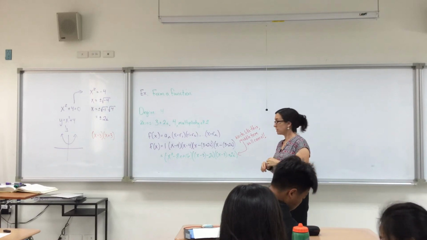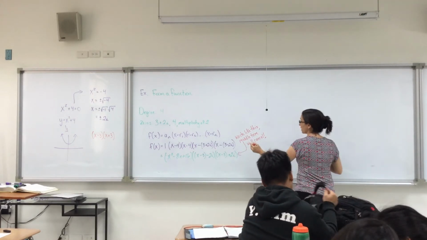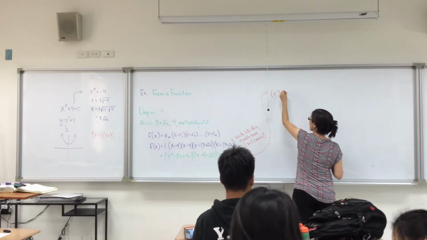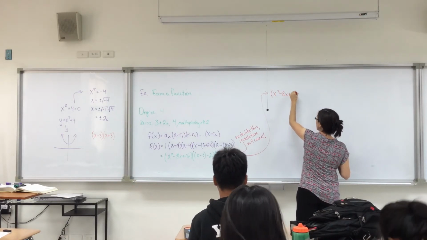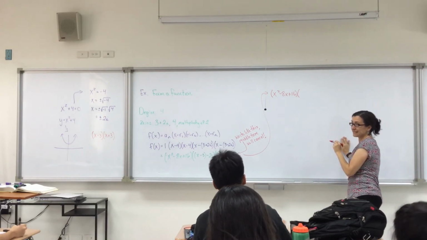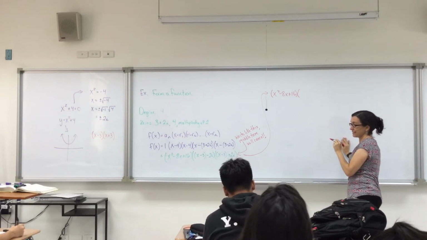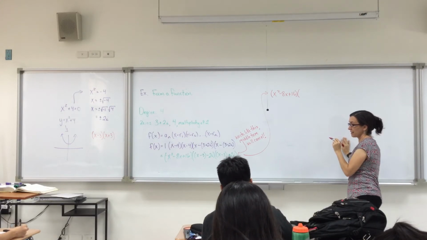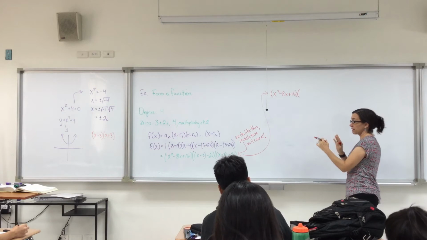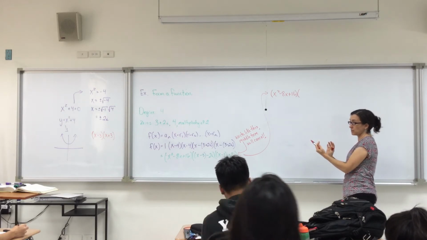Okay? So, what can I write this as then? This would be x squared minus 8x plus 16. Okay, what's this other one turn into? Let's leave the x minus 3 in parentheses right now.